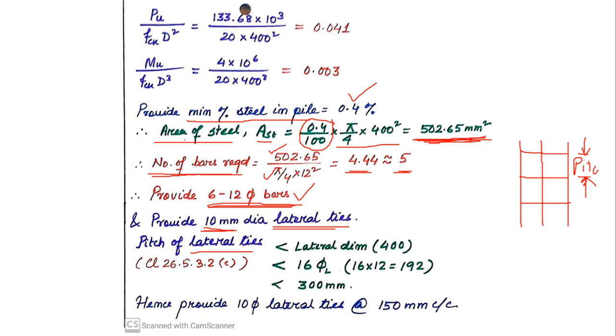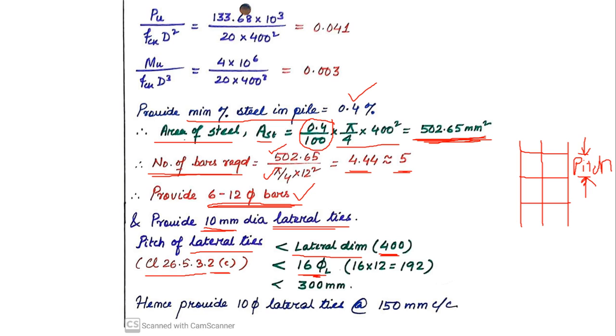As per clause number 26.5.3.2 C of IS 456/2000, pitch of lateral ties should always be less than the lateral dimension. In our case, lateral dimension is 400 millimeters. It should also be less than 16 times the diameter of longitudinal reinforcement.